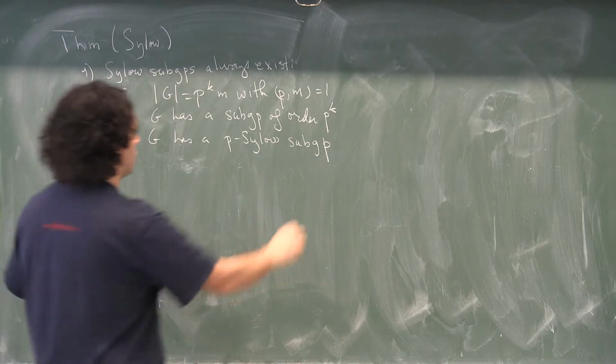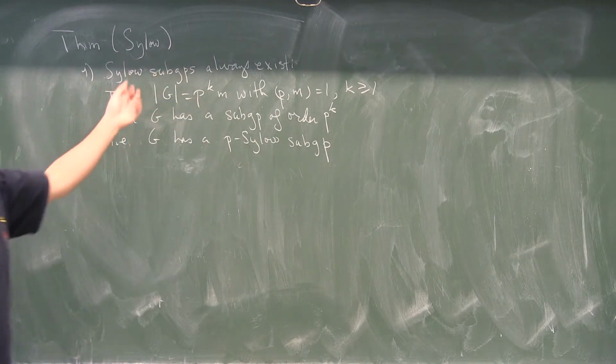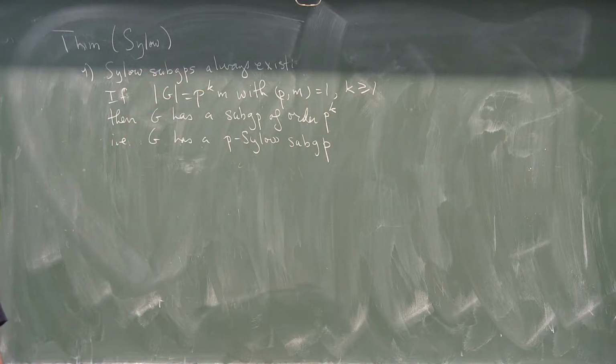To make this non-trivial, we should maybe assume here that K is at least 1, so that P is really dividing the order of the group.